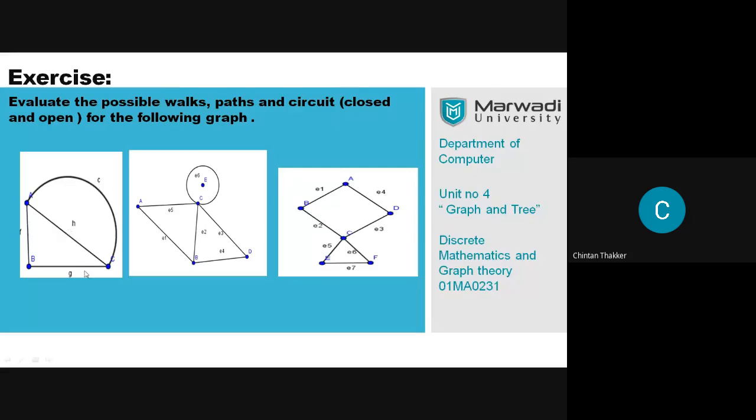Now if we take this edge and then G and then F, then we cannot cover the edge C here.